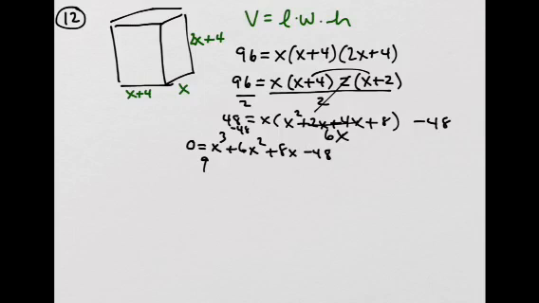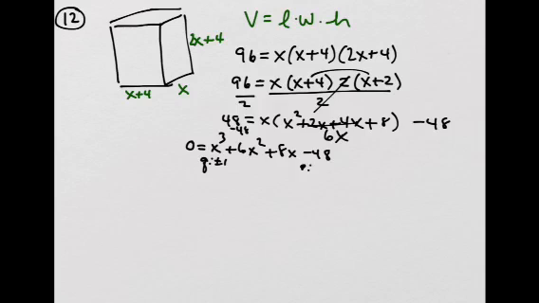So q factors plus or minus 1, p factors plus or minus 1, 2, 3, 4, 6, 8, 12, 16, 24, 48.